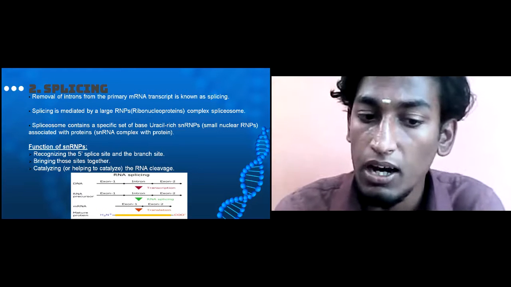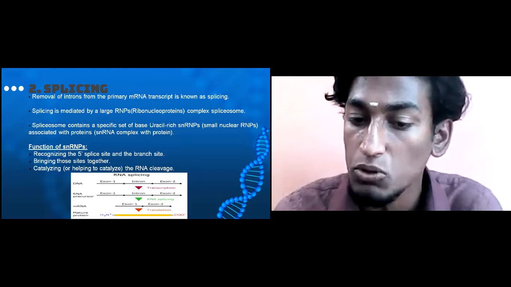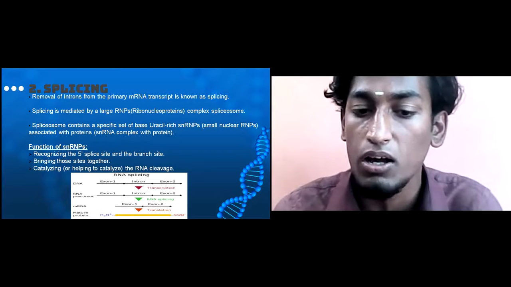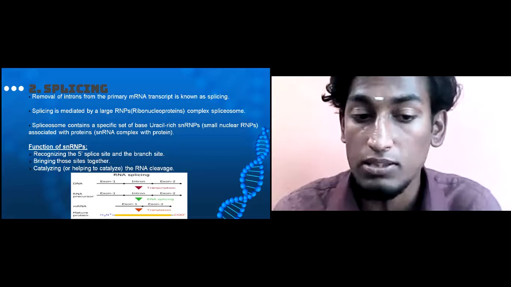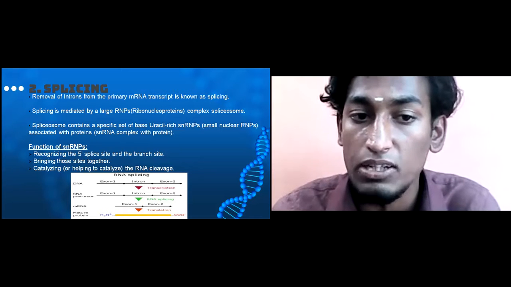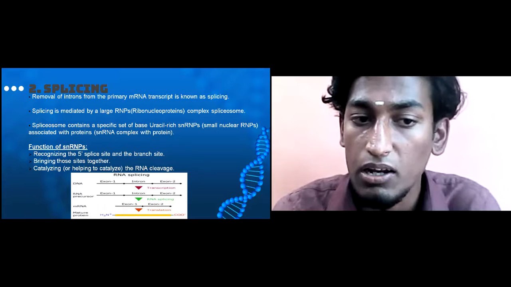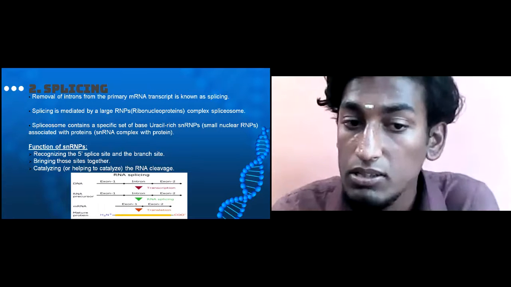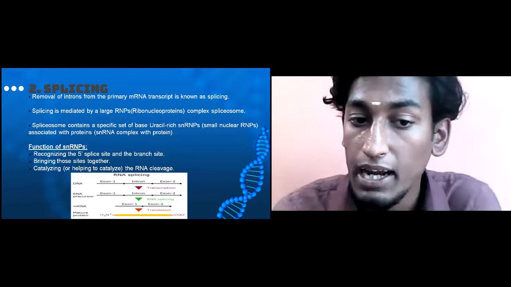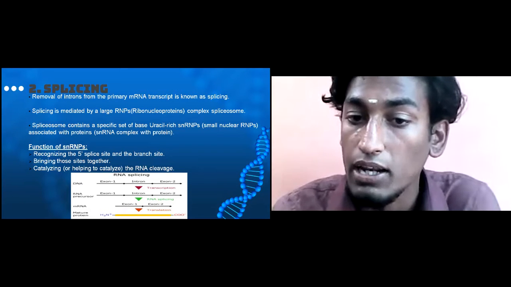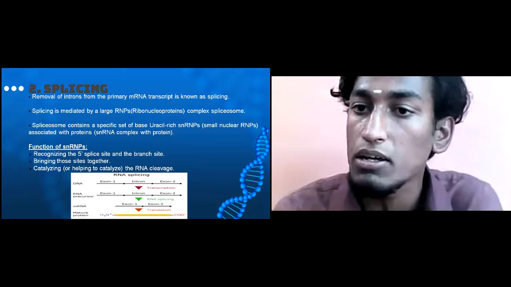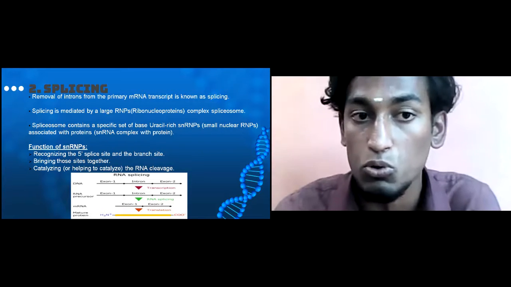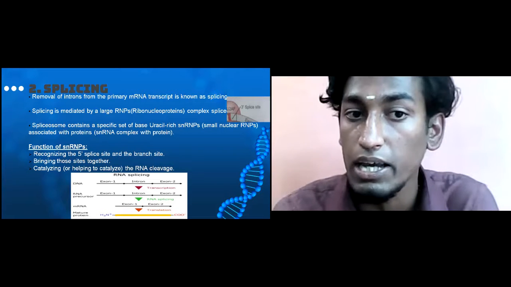This splicing occurs within a structure called a spliceosome, which is one of the most complex of all molecular machineries. And these are the functions of snRNP: recognizing the 5' splice site and the branch site, bringing these sites together and helping to catalyze the RNA cleavage. Let me explain the structure of the spliceosome complex, which is the snRNP.